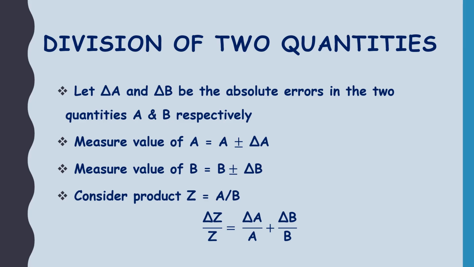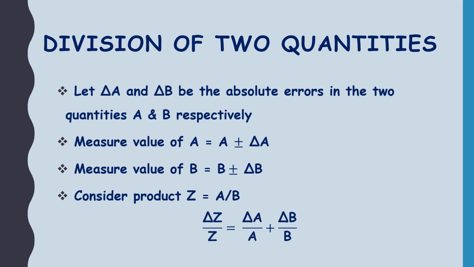By putting the values in the equation z is equal to a by b, dividing both sides by z and rearranging, we have a solution similar to the product function, that is delta z by z is equal to delta a by a plus delta b by b.